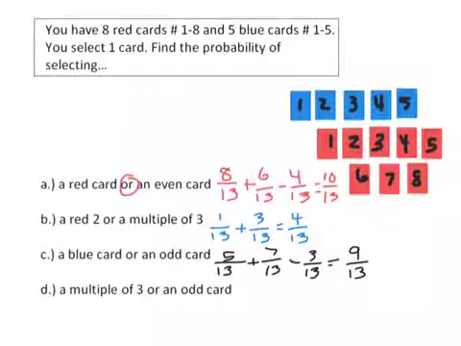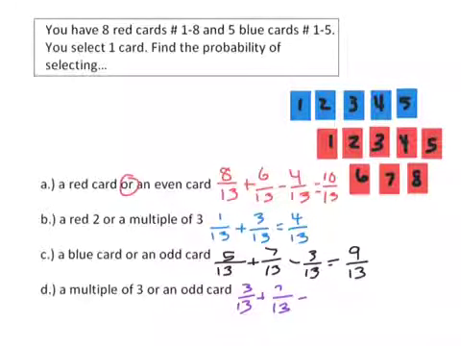The last one. A multiple of 3 or an odd card. Well, multiples of 3 does overlap with odd cards, so we have to remember to subtract the overlap. Multiples of 3, 1, 2, 3 out of 13 cards, plus odd cards, 1, 2, 3, 4, 5, 6, 7, and then subtract the cards that overlapped.